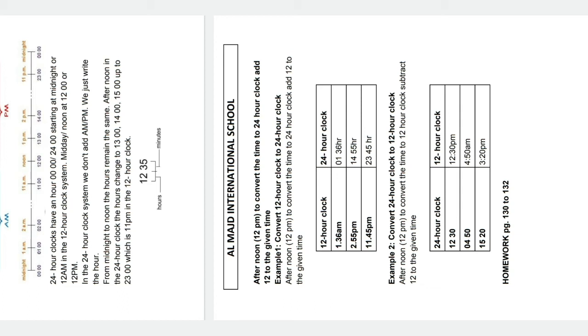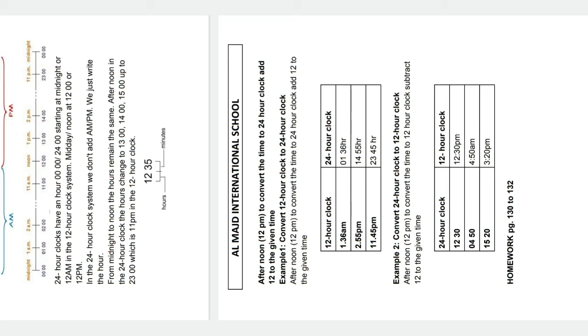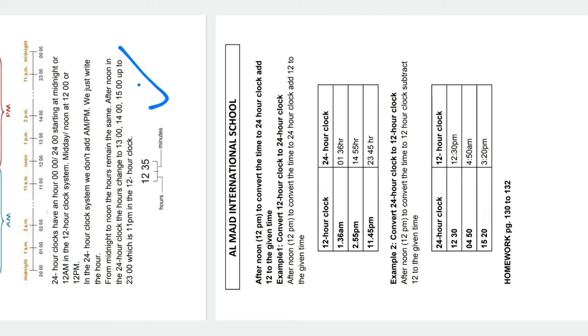Afternoon, after 12 PM, to convert the time to 24-hour clock, add 12 to the given time. Now if you see the first one, 1:36 AM. As I said, from midnight to noon the hours will remain the same, right?